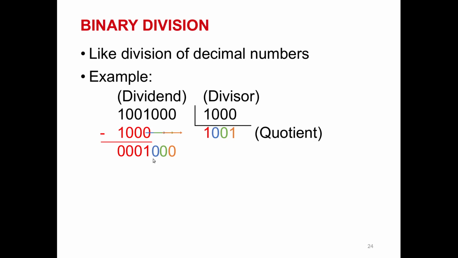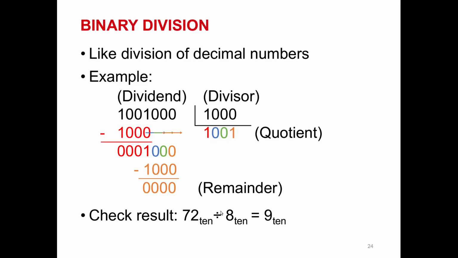Then you take this value and subtract the divisor, and here you have 0 as the remainder. And if we check the result in decimal, you can see that this is 72, and it divided by 8, and the result will be 9 in this quotient.